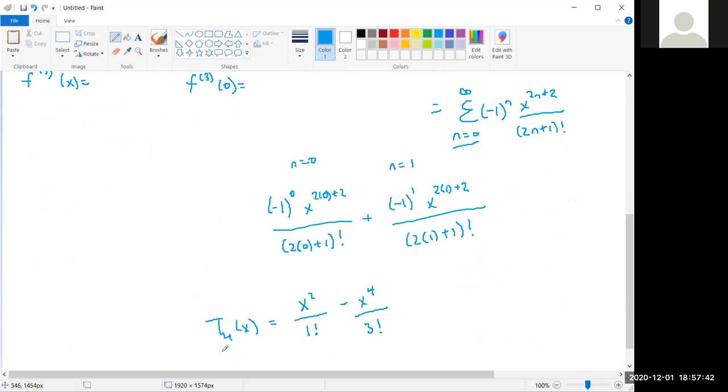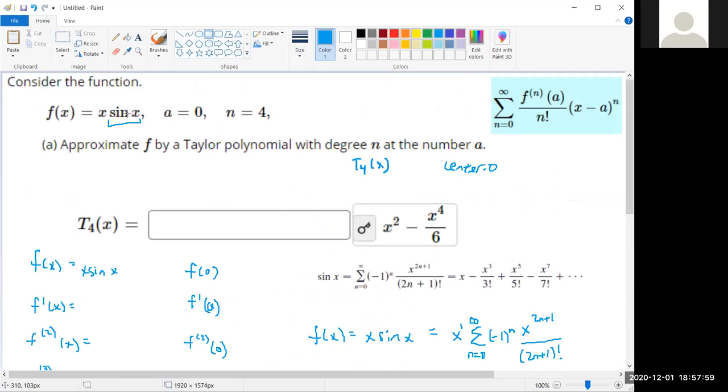So T sub 4, this is the 4th degree. Okay, so that's your answer. Let me just box that. This is your Taylor series for x sine of x up to degree 4.